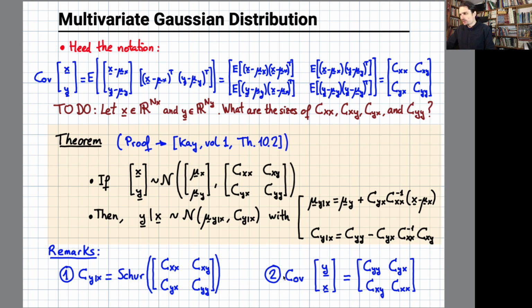So in this sense, note that the covariance of this vector can be written in this way just by relying on the same argument here. So the same expressions can be applied without any difficulty.